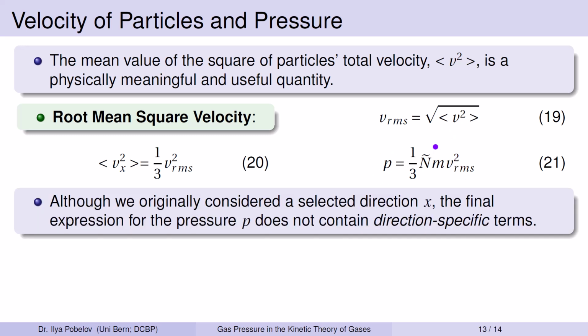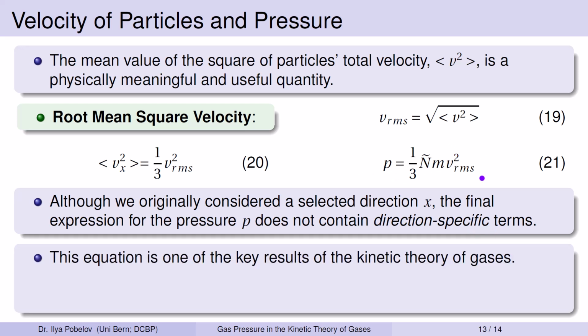Notably, although we originally considered a selected direction x, the final expression for the pressure does not contain direction-specific terms, as expected. This equation is one of the key results of the kinetic theory of gases.